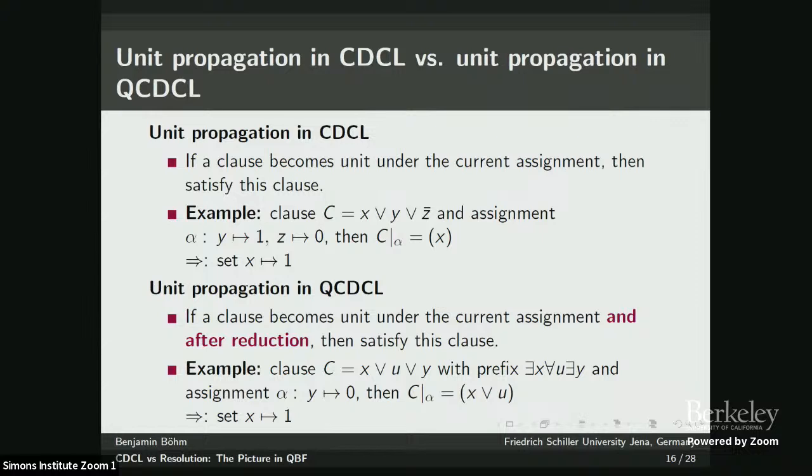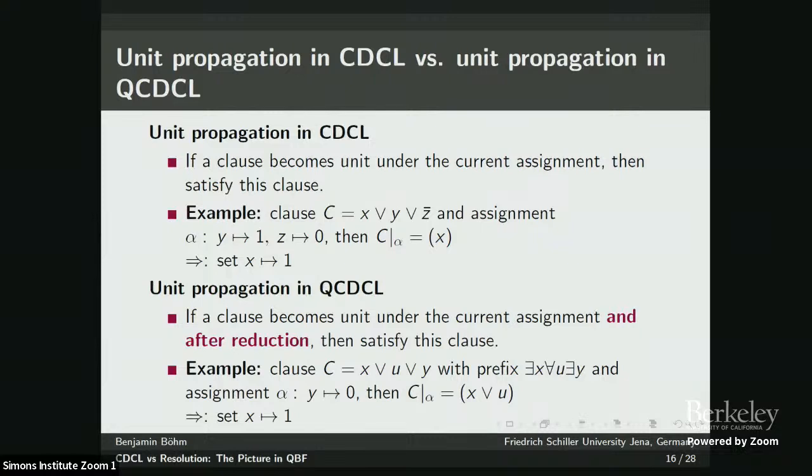In QCDCL, it's a little bit different, but similar. If a clause becomes unit under the current assignment in your trail in QCDCL, after universal reduction, then you have to satisfy this clause. So for example, let's consider this clause here, X or U or Y, and your prefix is, let's say, exists X, for all U, exists Y, and you have just assigned Y to 0.